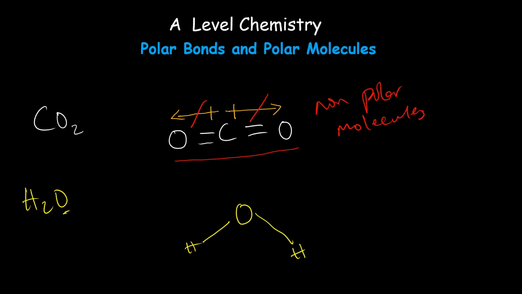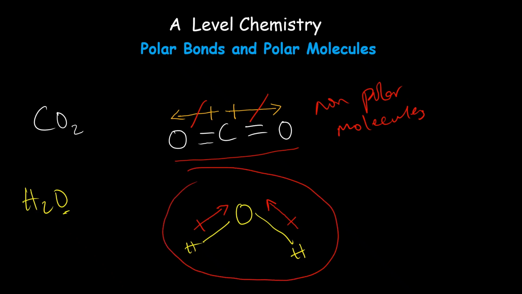Oxygen is more electronegative, so you draw your polarity pointing towards the oxygen, and also this way as well. In this case, because of the geometry, there is an overall difference in the polarity across this molecule. Hence, this molecule is a polar molecule. I hope that makes sense.